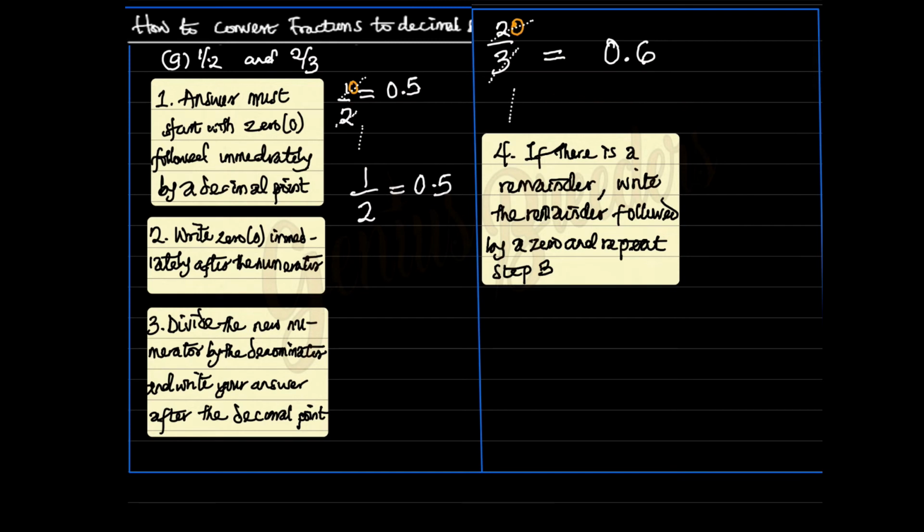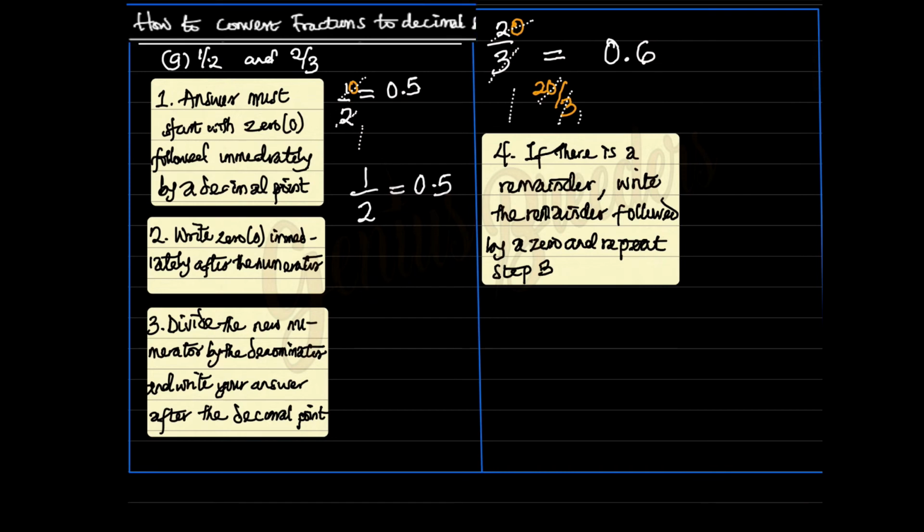So write 2 immediately with 0, and we have 20 over 3 as our new numerator and denominator. So repeating step 3, you have 3 in 20, still giving you 6. So continuously, we will be getting 6, 6, 6, 6 all along.